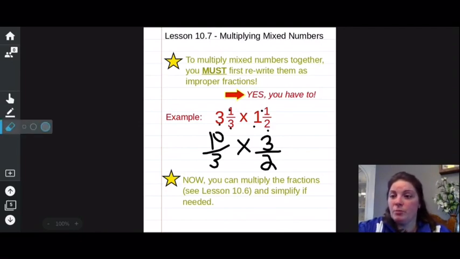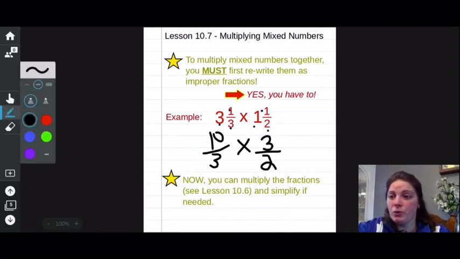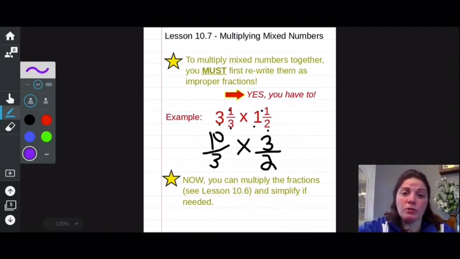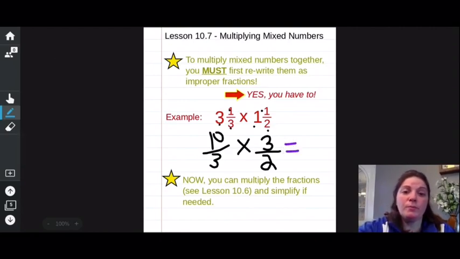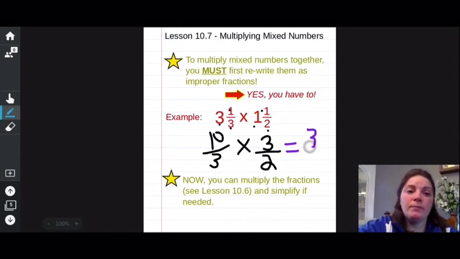So let's multiply this out. Now, I showed you in our other lesson how you can simplify the problem. I'll show you both ways. One way to do this is to just multiply our numerators. 10 times 3 is 30. And then multiply our denominators. 3 times 2 is 6.